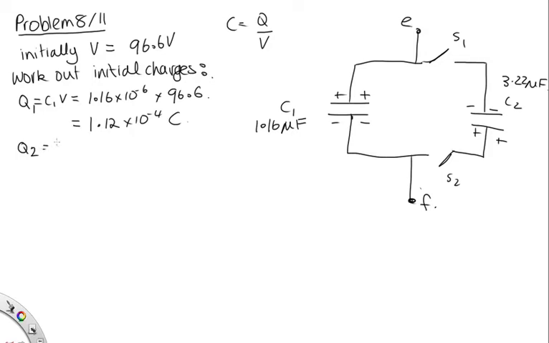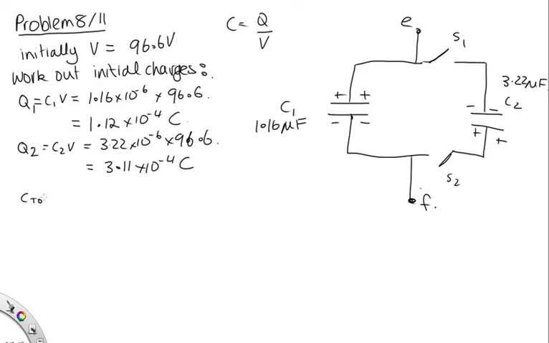Q2 will be C2 times V, so that will be 3.22 times 10 to the minus 6 times 96.6, and so solving that we get 3.11 times 10 to the minus 4 coulombs. So the negative charge here will cancel out all the positive charge here.